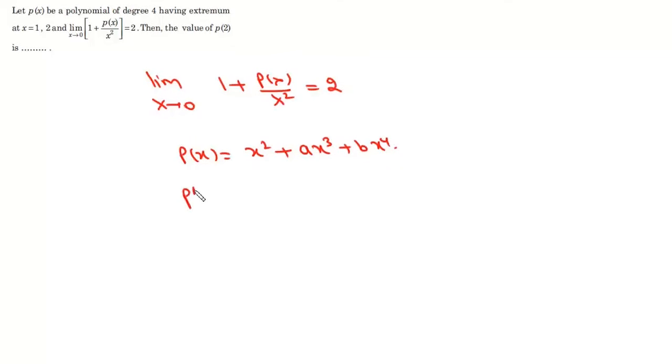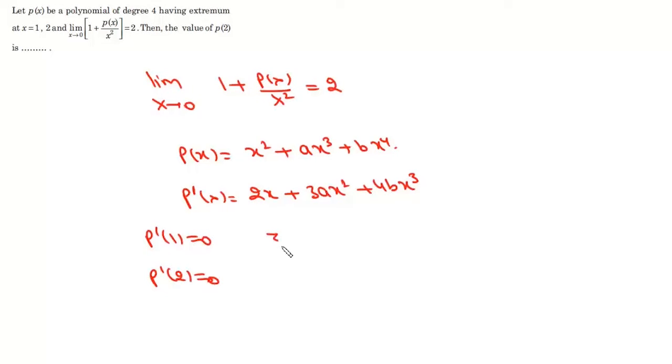Now we find P dash x, which will be 2x plus 3ax square plus 4bx cube. Now P dash 1 is 0 and P dash 2 is 0. Now if we put P dash 1, we get 3a plus 4b, and there will be minus 2.